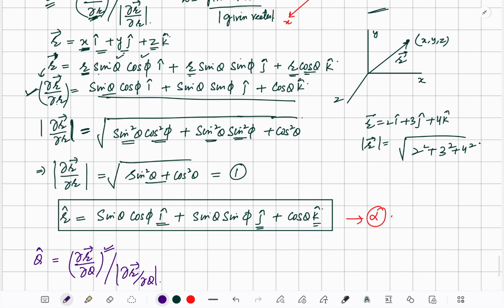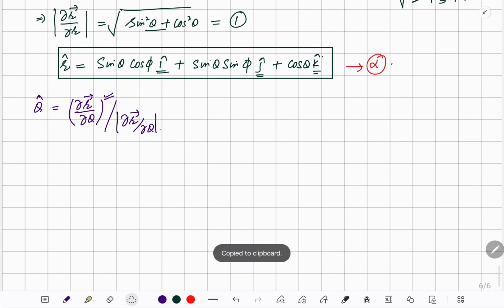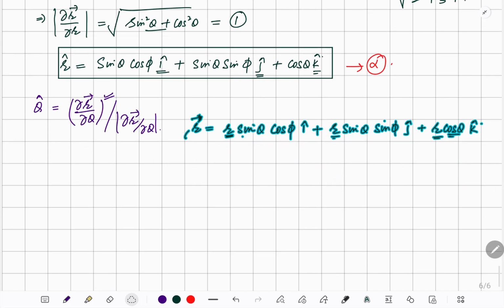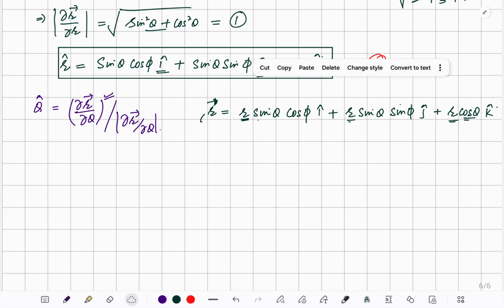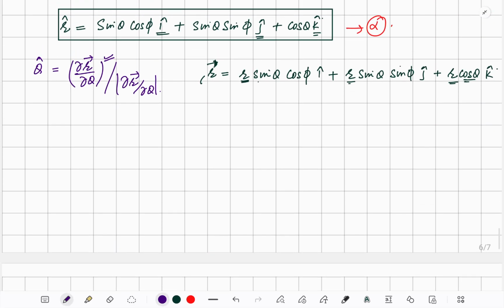Okay, for that I would need this r vector, because we have to partially differentiate it with respect to theta while keeping r and phi as constants. Okay, let's write it now. So theta cap equals dou r by dou theta. We'll be differentiating with respect to theta here, while keeping r and phi as constants.